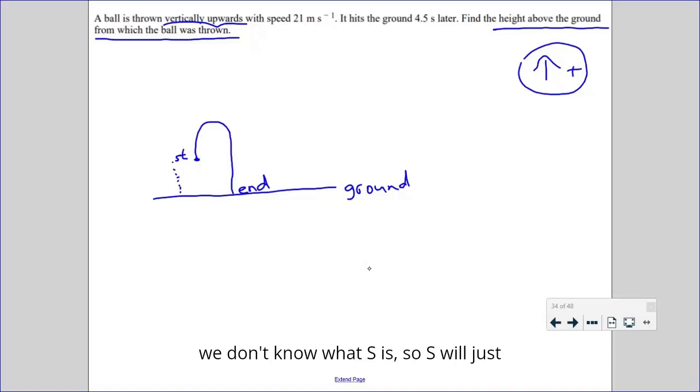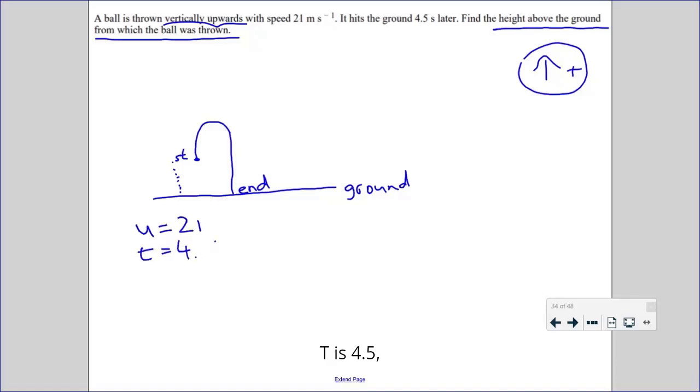The problem is we don't know what S is, so S will just be question mark for now. Let's look at what we do have. Again, we are modeling the whole journey from start to end. We know that U is 21 in the question, T is 4.5, A will be negative 10, and we need to find S.